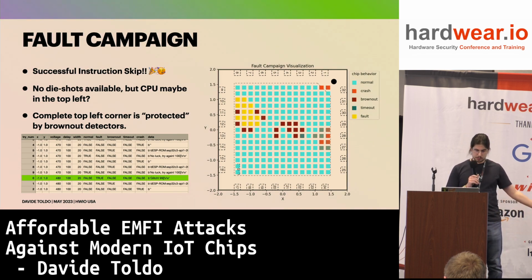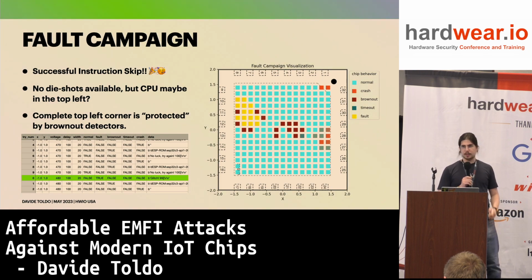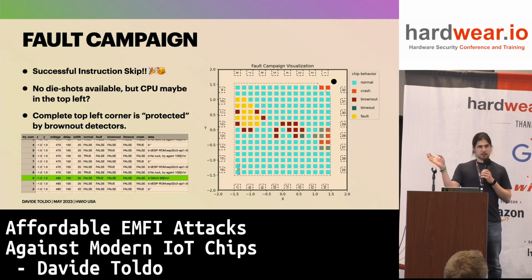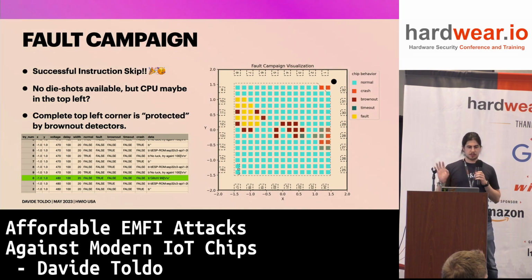It's just one CPU on this chip. Also, in another test, which I don't have a picture of here, you can see that the whole top left corner is protected by brownout detection, so it was giving me brownouts all the time with the wrong parameters. And with the fine-tuned parameters, I was getting this nice yellow area.